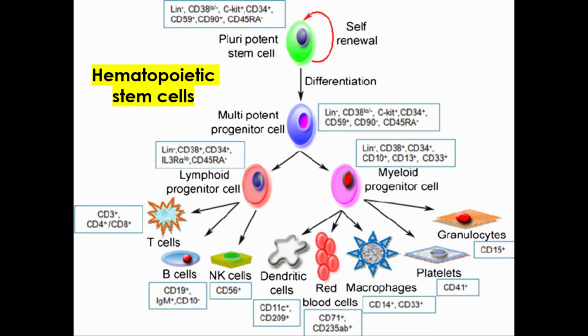If there is any mutation during this hematopoietic development, this will lead to a range of pathologies such as leukemia, myelodysplasia, and bone marrow failure.